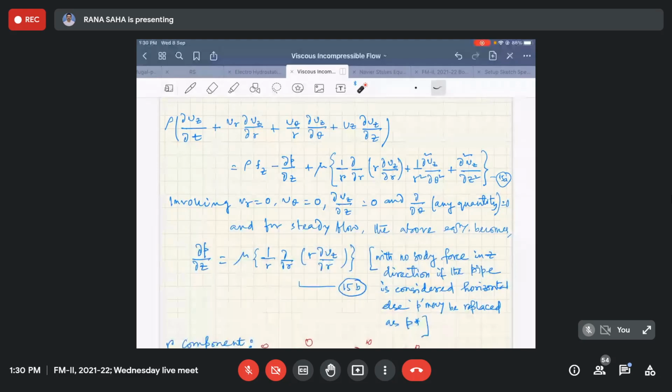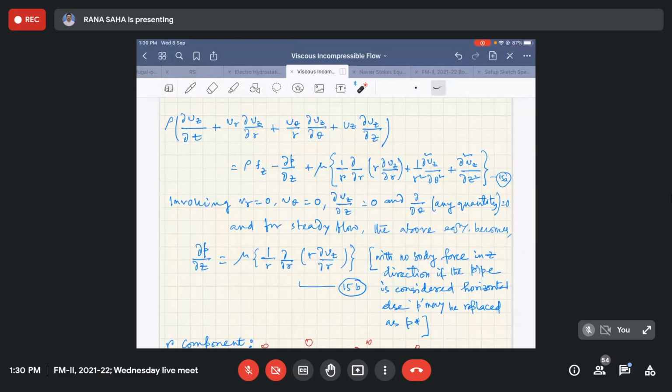I think you are aware of this piezometric pressure. You learned it back in fluid statics, where this concept is taught. In that manner, you can handle this body force, or else you can just keep it as it is, and then finally do the treatment accordingly.